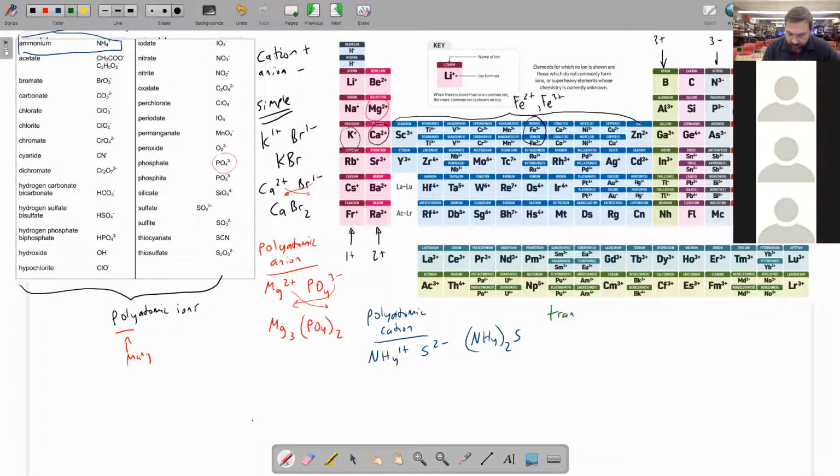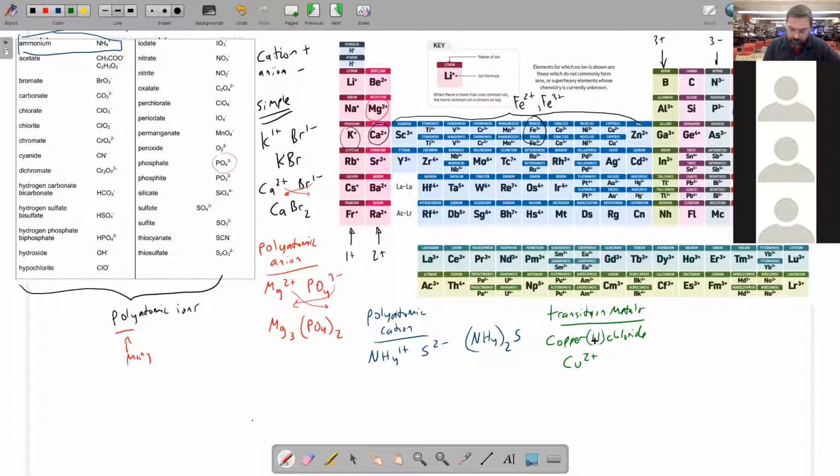And then there are 2 other types. There can be ionic compounds with transition metals, if there are 2 or more different possible charges. So maybe it's copper 2 chloride. If we write copper 2 chloride, because there are 2 different forms of copper, copper 2 means that it's copper with a charge of 2.